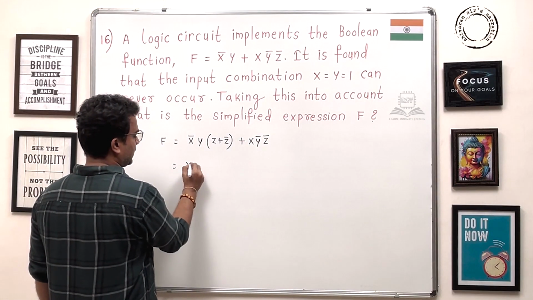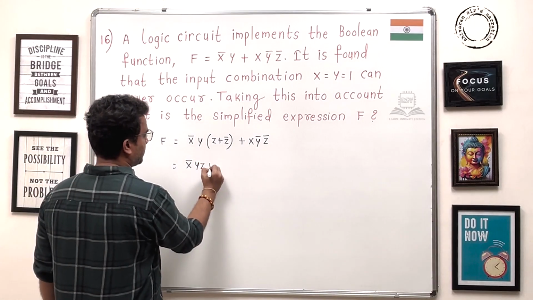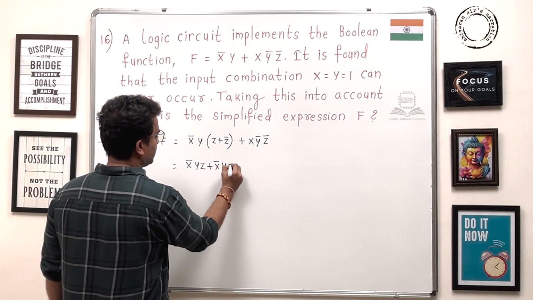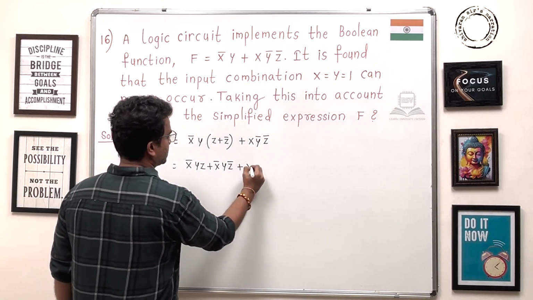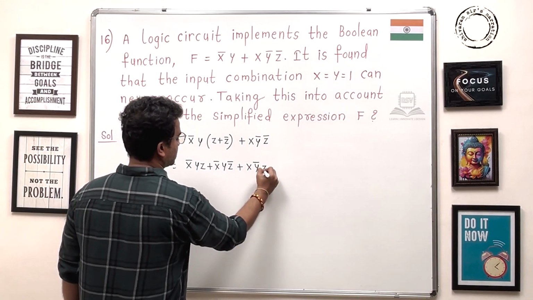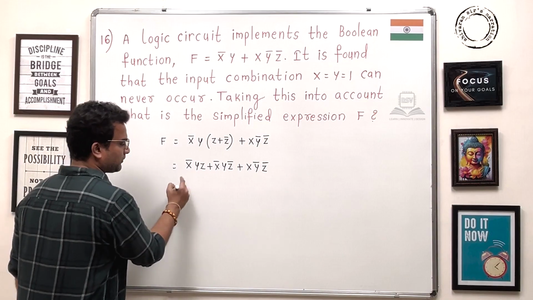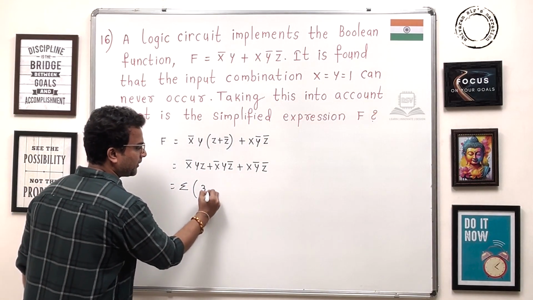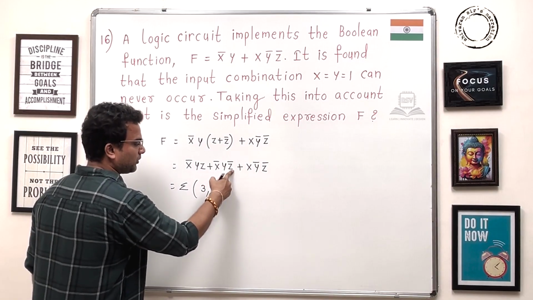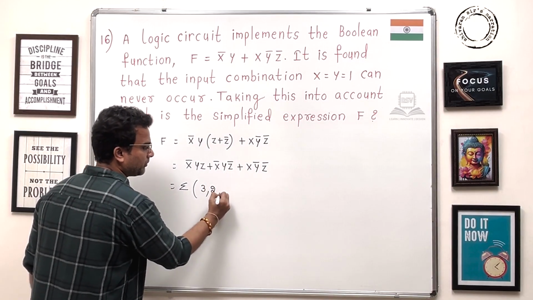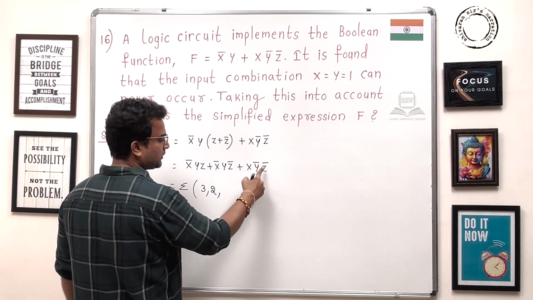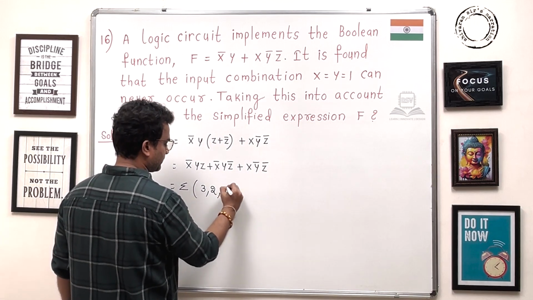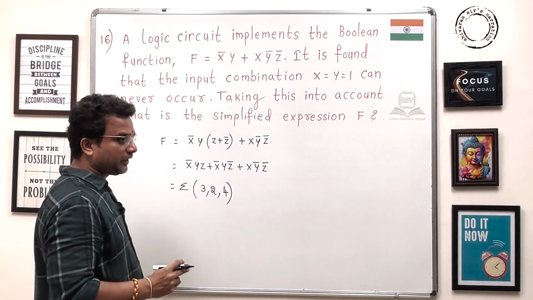Now, guys, here x bar y z, x bar y z bar plus x y bar z bar. Now, what is this? 0 1 1 means 3, 0 1 0 means 2, 1 0 0 means 4. This is sigma 3, 2, 4.